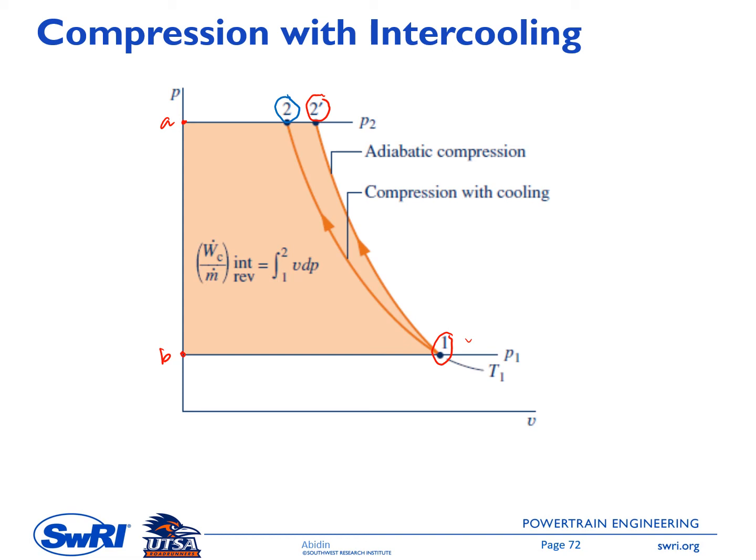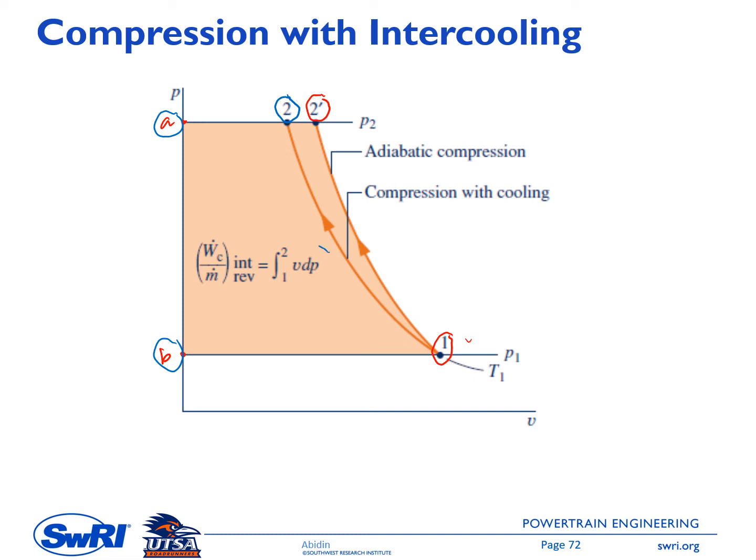So the area surrounded by point 1, point 2, and then A and B represents the required compression work. This is the work that needs to be inputted to the system, what we pay. So you can see here that if we can have a compression process with cooling, then the required compression work decreases. This also means the system efficiency increases.